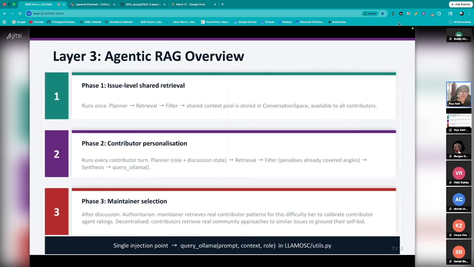The synthesis orders and constructs it properly before giving the query to Ollama. Phase three is the maintainer selection. After discussion, if the algorithm is authoritarian, the maintainer retrieves real contributor patterns for this discovery tier to calibrate contributor agent ratings. If the algorithm is decentralized, contributors retrieve real community approaches to similar issues to ground their self-bid.